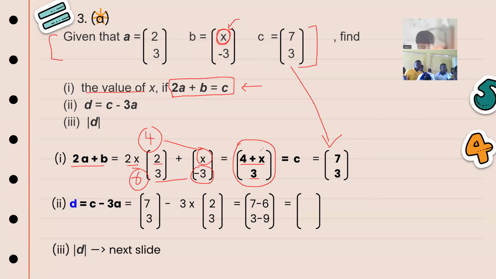And we're saying that this should equal c because of this equation right here. Because of that, the whole thing should equal c, (7, 3).